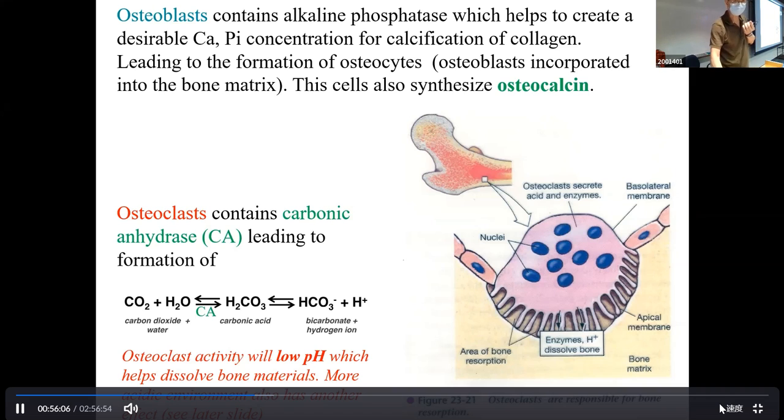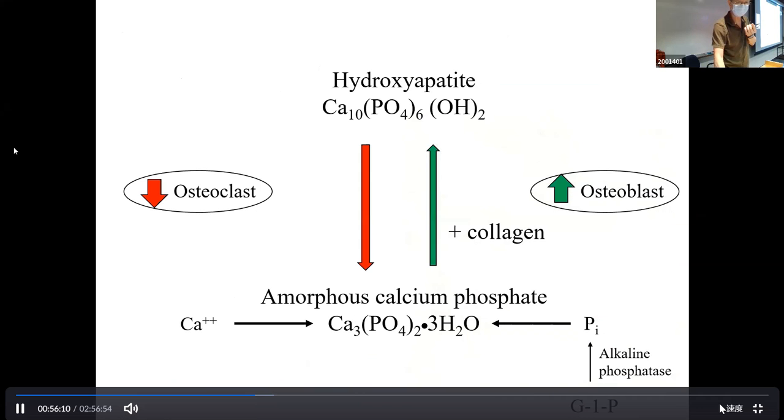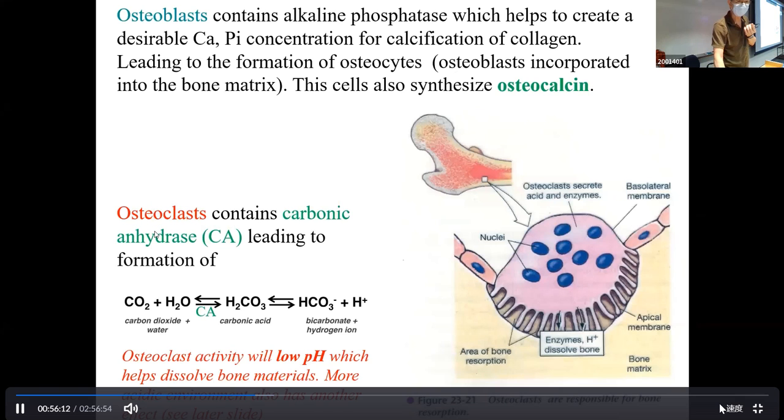Now, you will have something called the osteoclast, which is shown in this diagram. One of the enzymes that it contains is carbonic anhydrase.